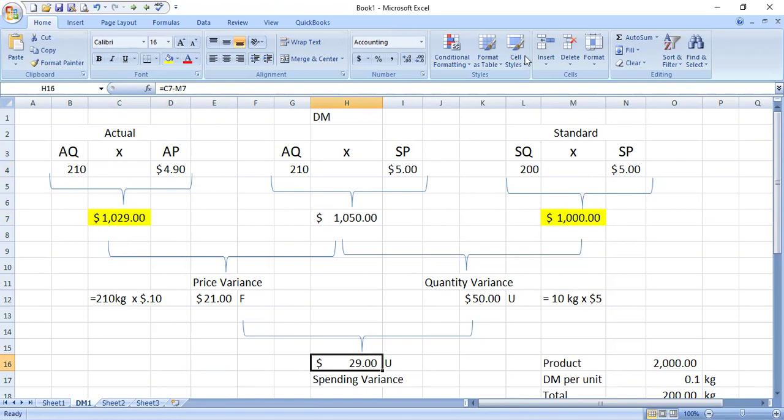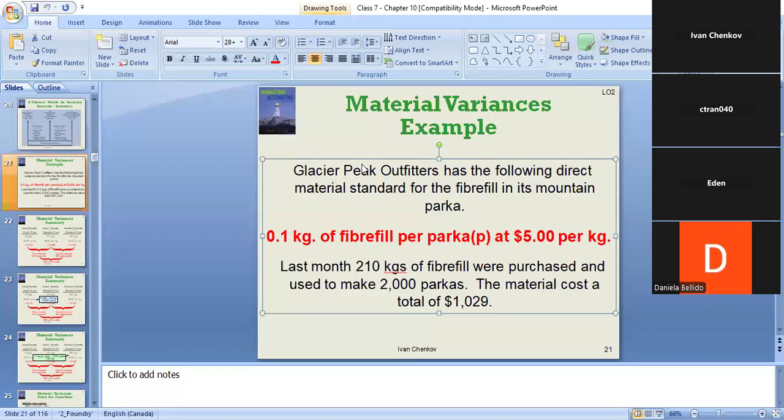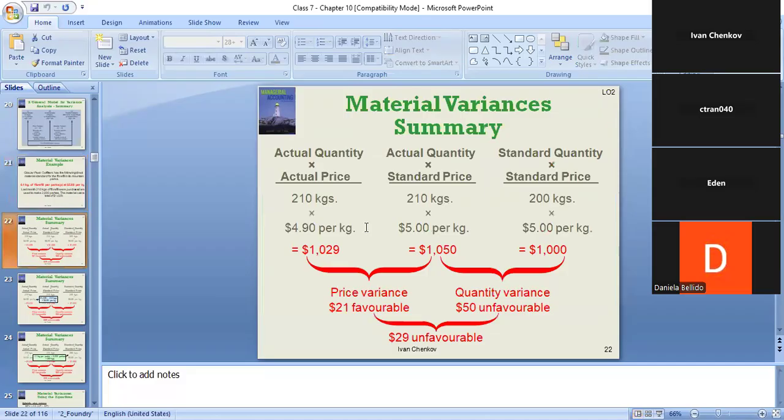So let's go back to the slides and see what the slides tell us. Again, we're going to go to this scenario with the fiber fill with the standards. Once we put in the numbers that we did, we get that the actual quantity is 210 kilograms. Actual price is 4.90, which we get from the calculation here of total cost divided by the actual kilograms.